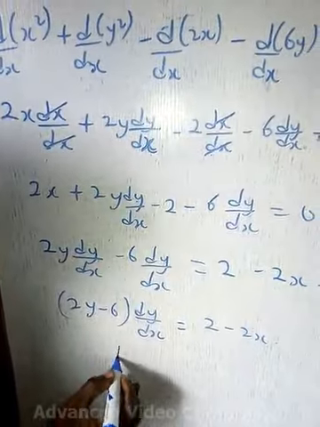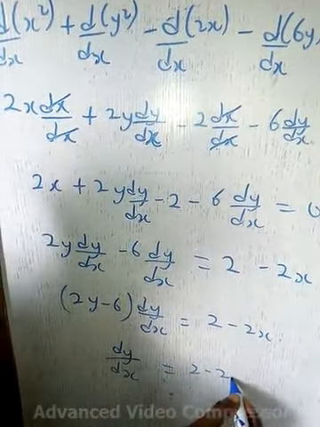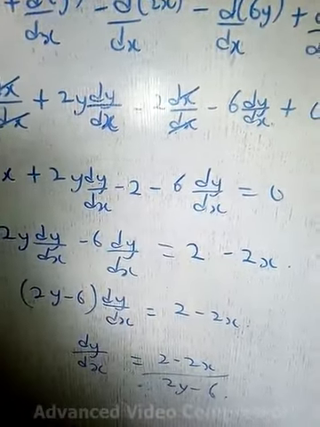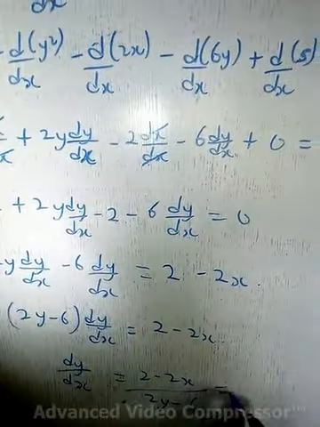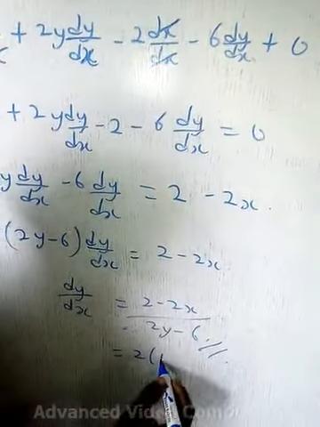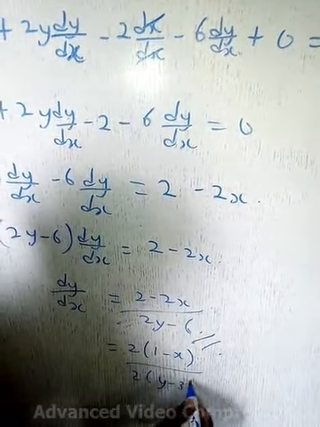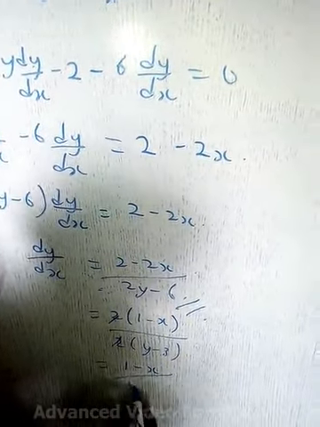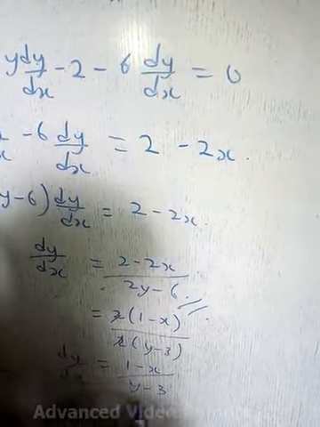Making it the subject, dy dx is equal to 2 minus 2x all over 2y minus 6. And that will be your answer, which you can also factorize to be 2 into bracket 1 minus x, and in the denominator 2 is also common, into bracket y minus 3. And we have this cancelled out, and we have 1 minus x all over y minus 3. So your dy dx is finally this.